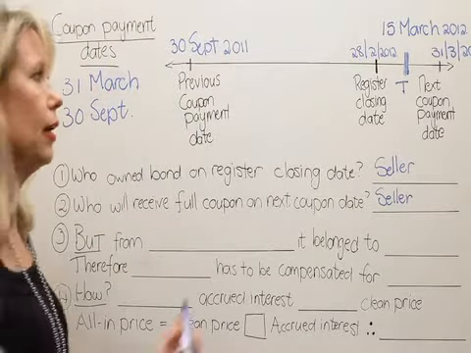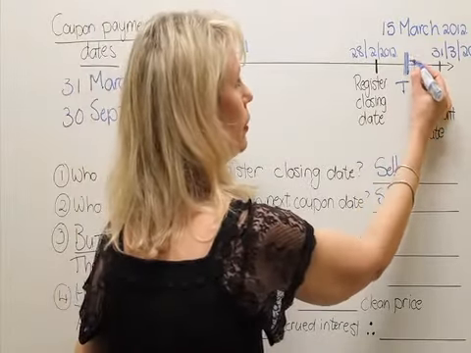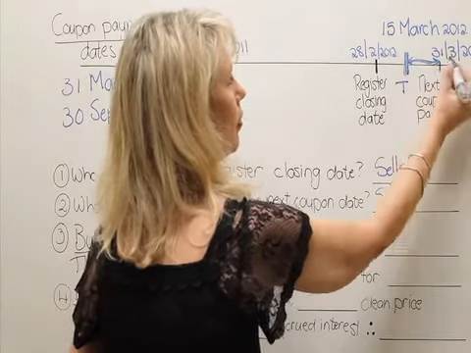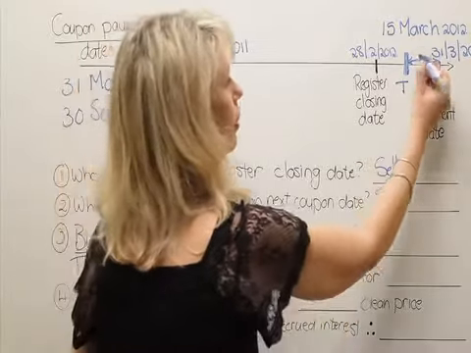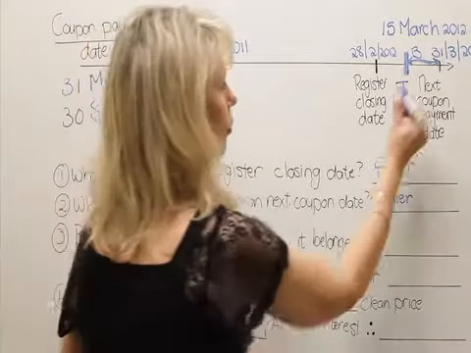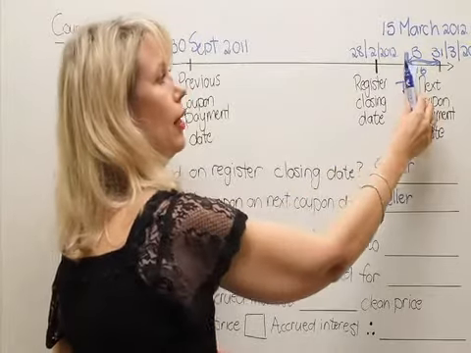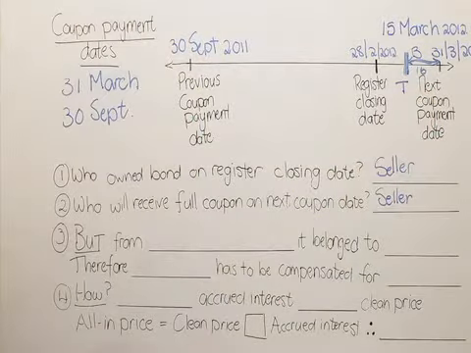No, that's not fair, because from the transaction date, the 15th of March, until the 31st of March, it belonged to the buyer. And that is a period of 16 days. So the buyer should actually receive interest for this period that it belonged to the buyer.